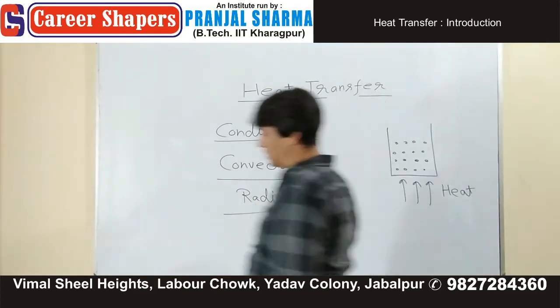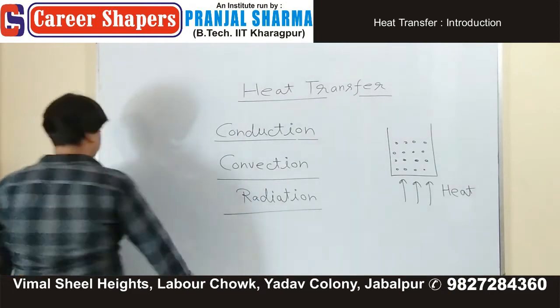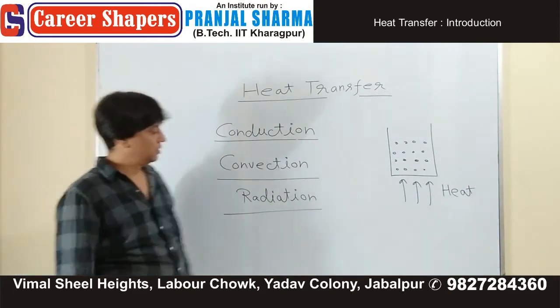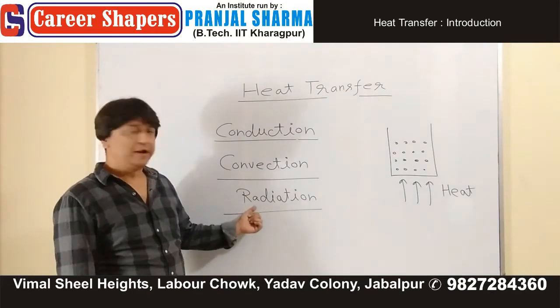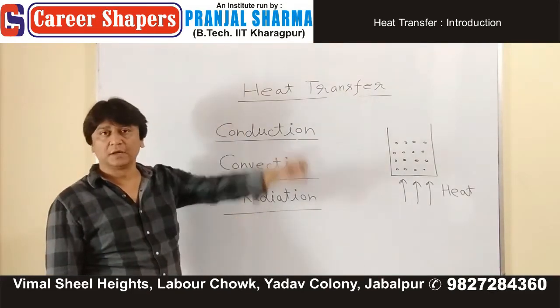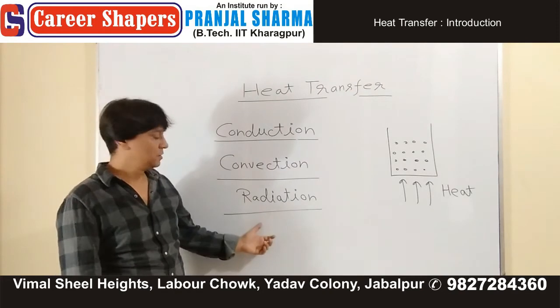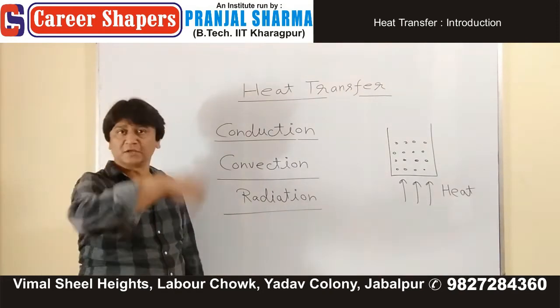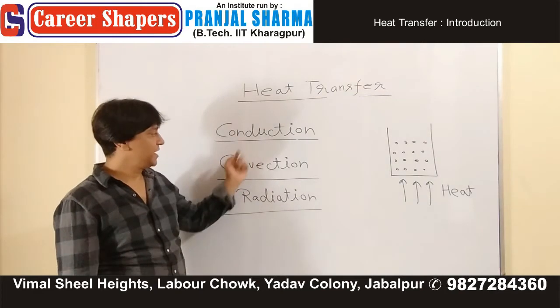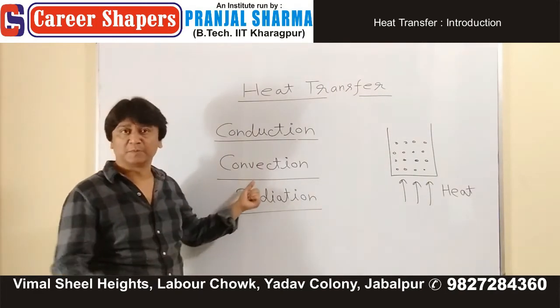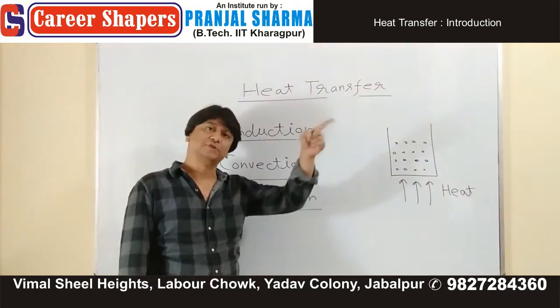Write down the last part, radiation. What is radiation? Everybody knows that energy is coming from the sun to the earth, but there is no medium present between the sun and the earth. So no conduction can take place, no convection can take place, but still we are getting energy from the sun.